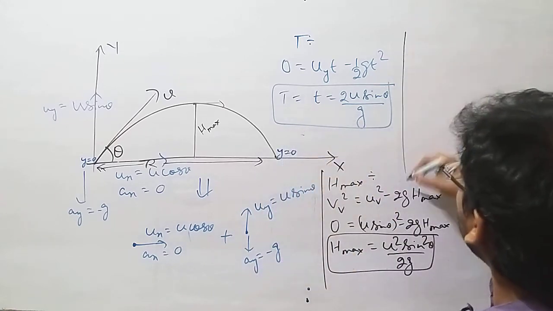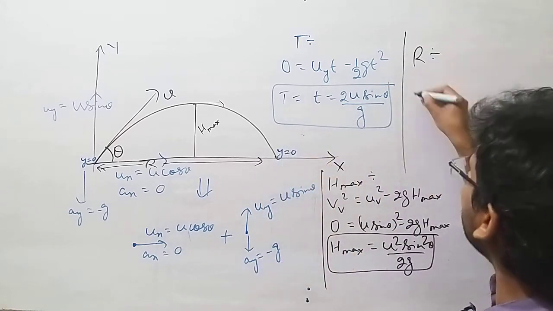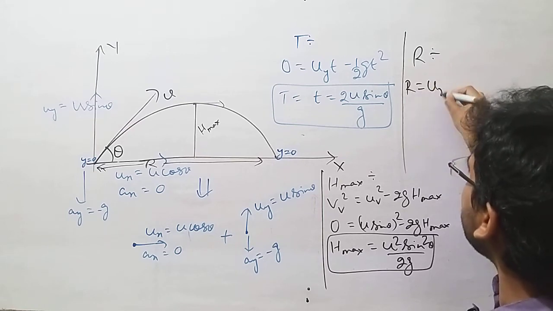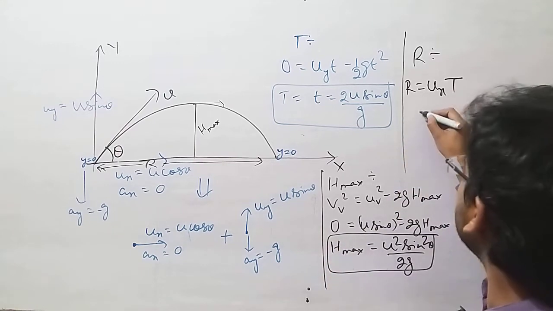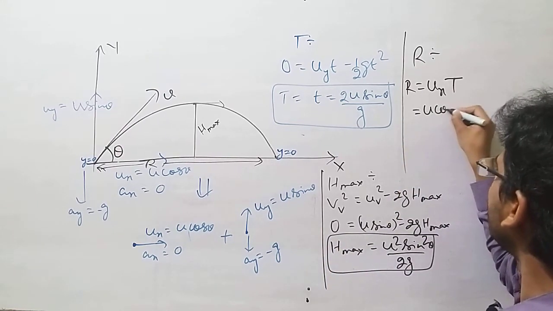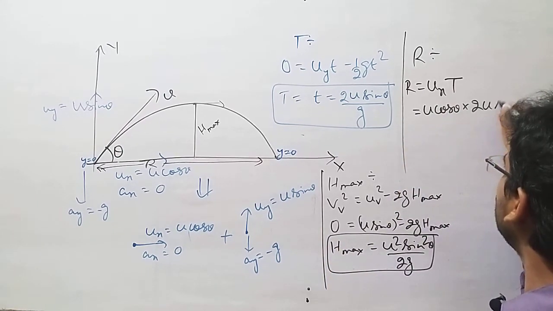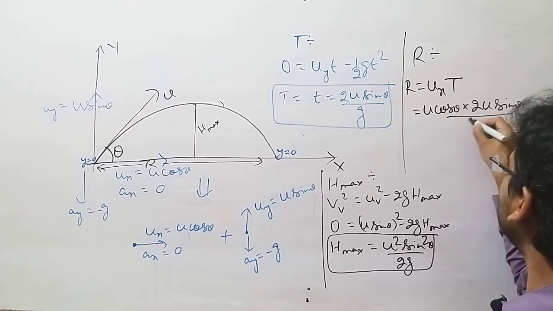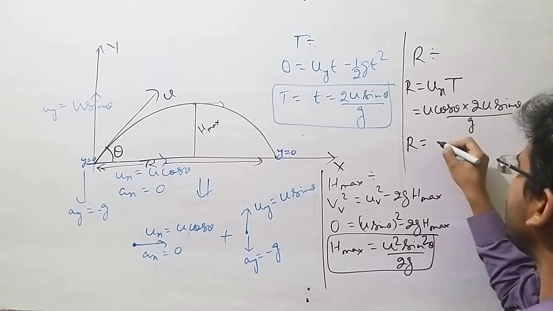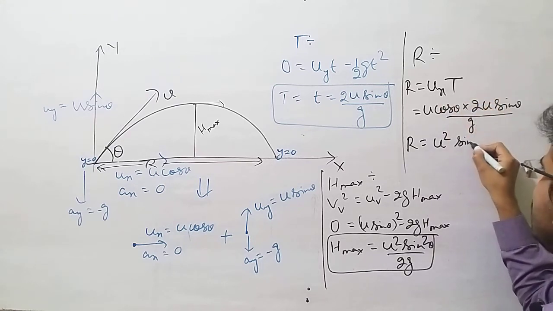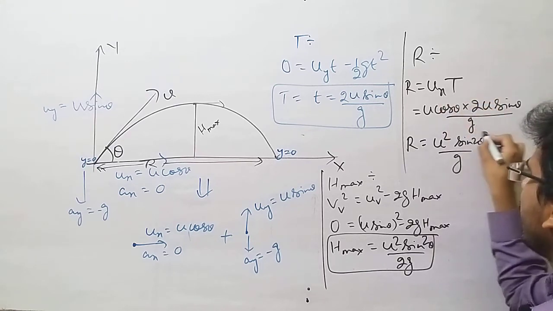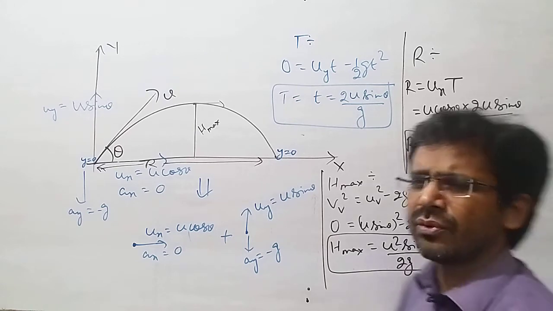So the range equals ux, the horizontal velocity, into the time of flight, which is u cos theta into 2u sin theta upon g. So the range can be written as u square sin 2 theta upon g. This is the final formula of range.